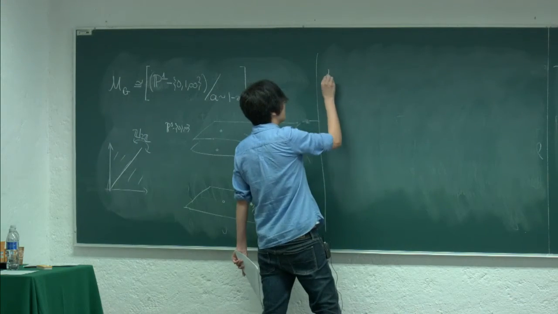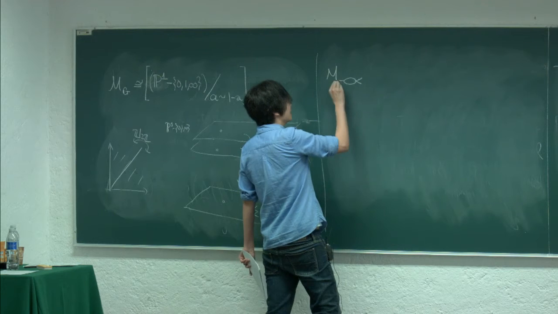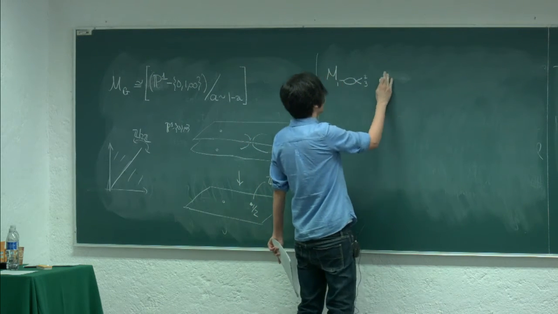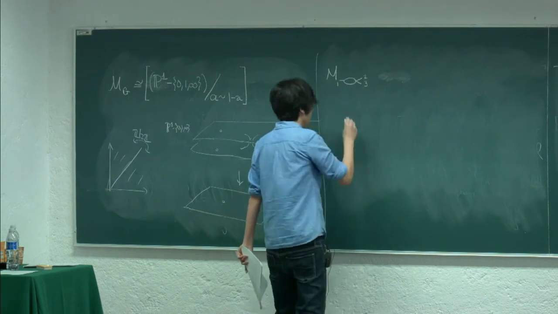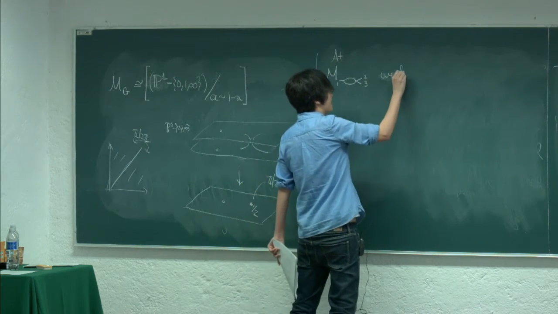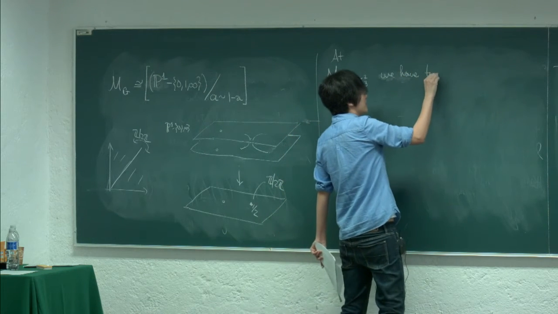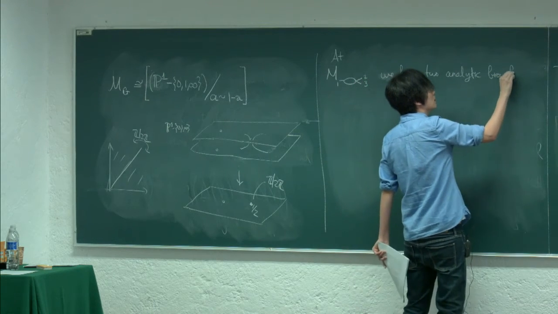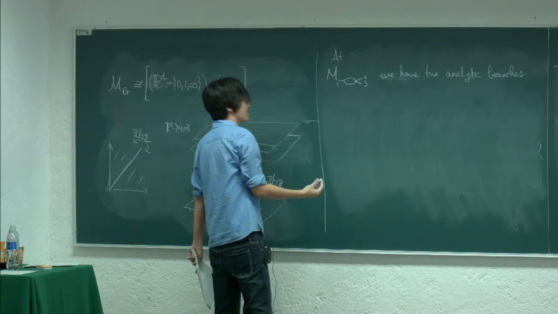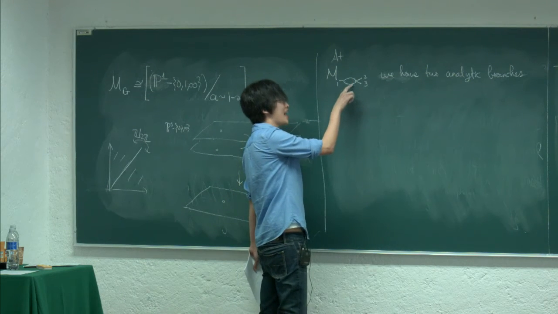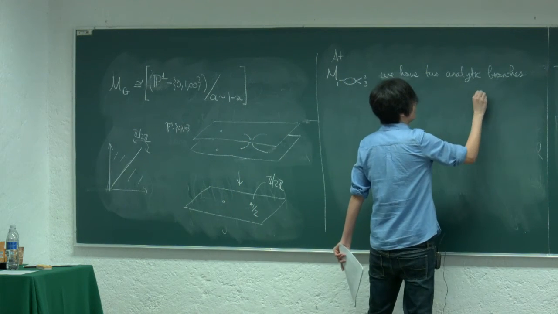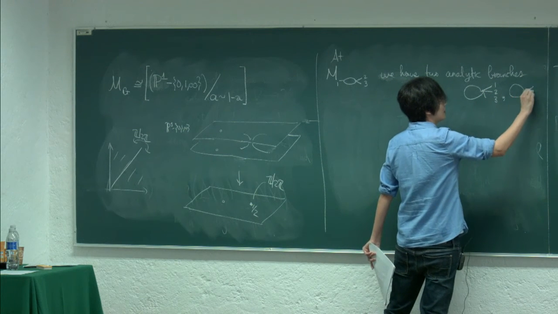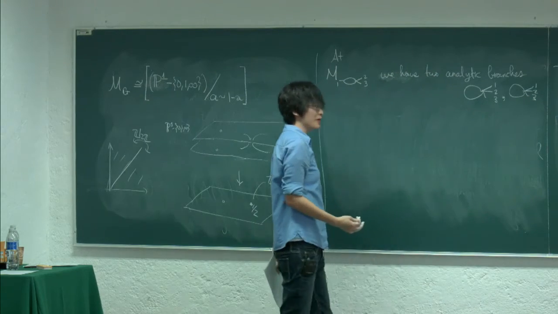So M sub this guy is, right, so locally here, along this stratum, we have 2 analytic branches, obtained by contracting either of the 2 edges, which happens to produce the same combinatorial type twice.